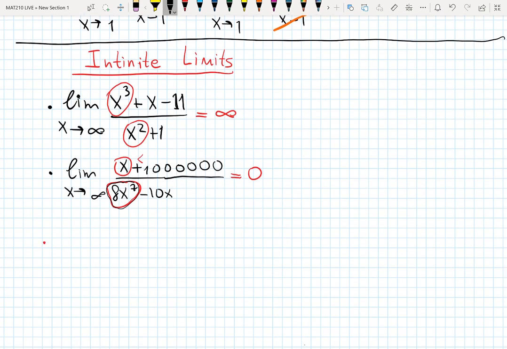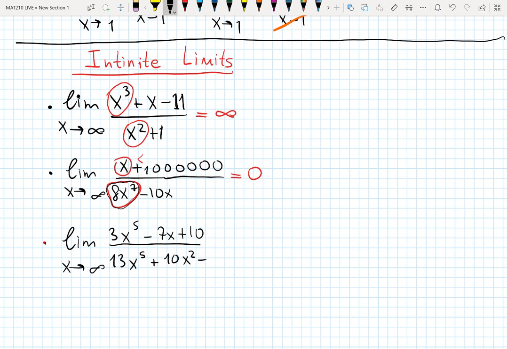What happens when speeds are the same? x goes to infinity, and you have 3x to the 5 minus 7x plus 10, over 13x to the 5 plus 10x squared minus 1000. What happens here? Find the leader at the top, find the leader at the bottom, and compare the speeds.